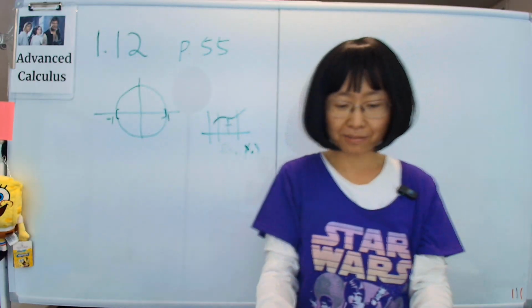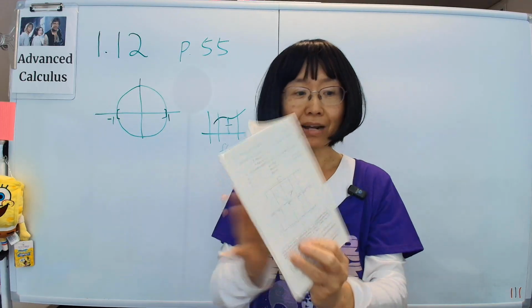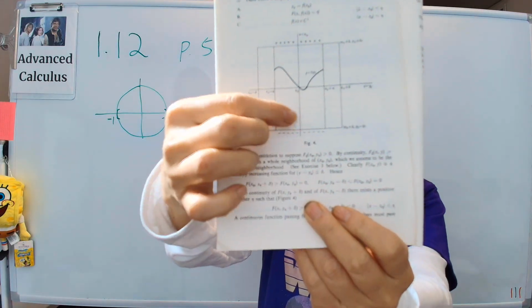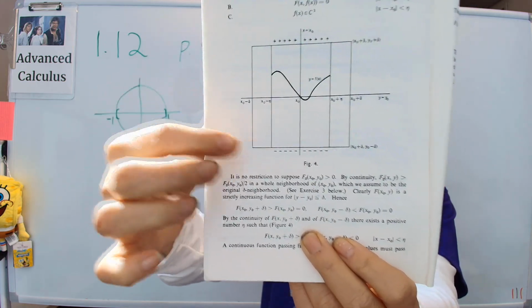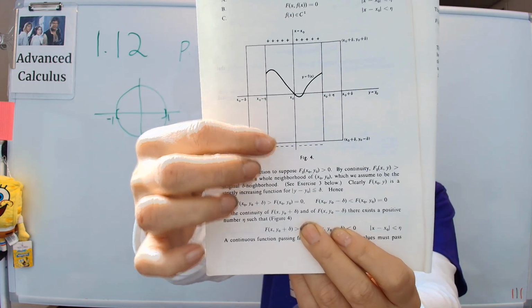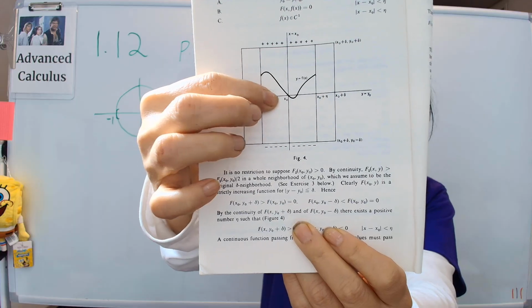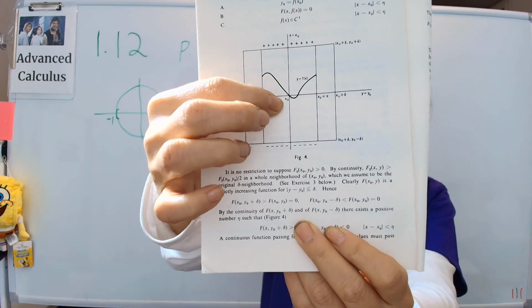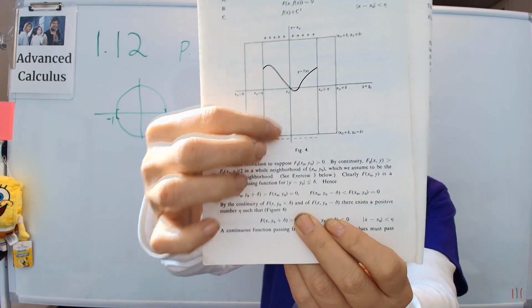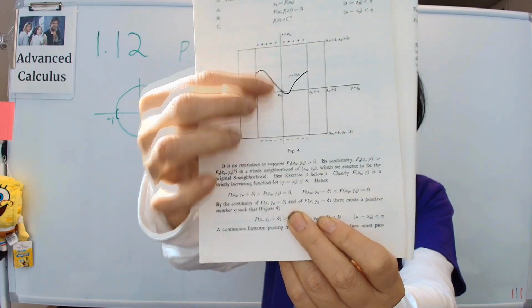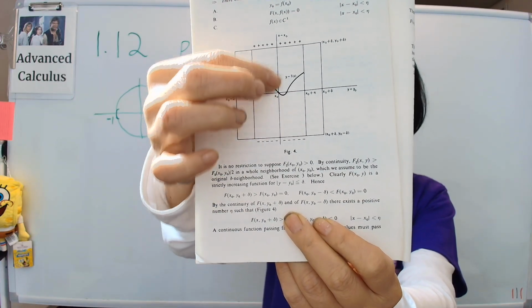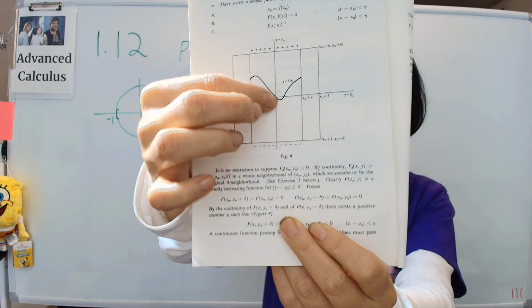Okay, and so now we have this graph that we're looking at. Please look at this graph carefully until it makes sense to you. Basically, this is x0, y0 right here, where the y value crosses from negative all the way to positive in a very small neighborhood where the function is strictly increasing.